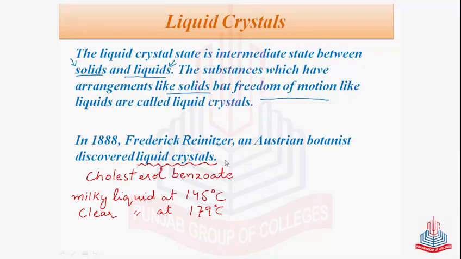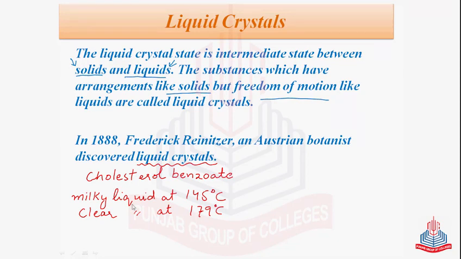So what we are concluding is, these liquid crystals have properties like liquids and crystals as well. यानी liquid crystal में liquids की तरह की properties भी नजर आ रही हैं और crystalline solids की properties भी नजर आ रही हैं. These liquid crystals are also called the mesomorphic forms.